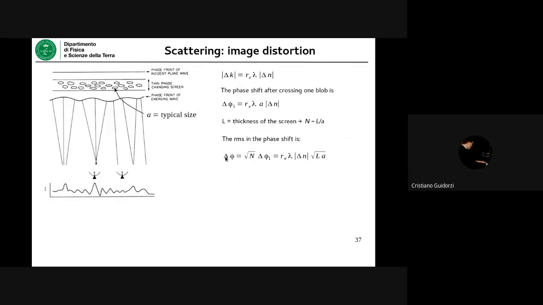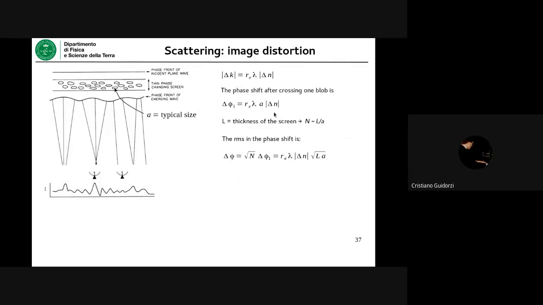So the cumulative phase shift, the root mean square in the phase shift. While the average phase shift will be n times delta phi 1, we are interested in the kind of noise, let me say, statistical noise. So in the wave, this number will be distributed, will be scattered.